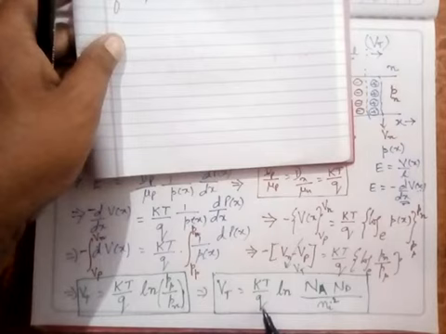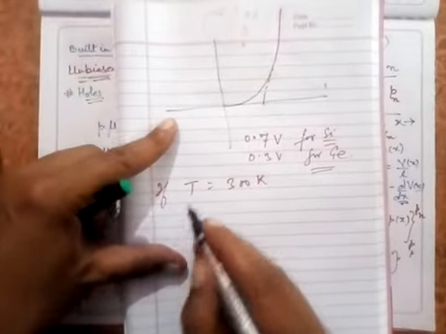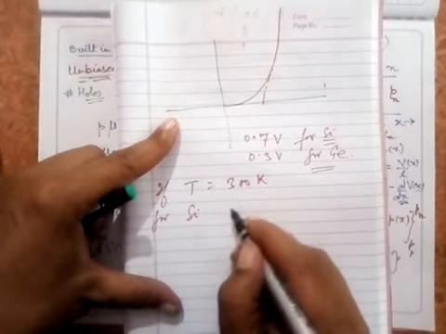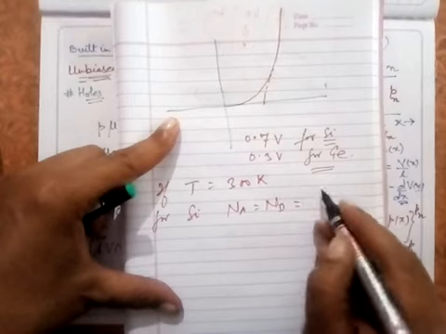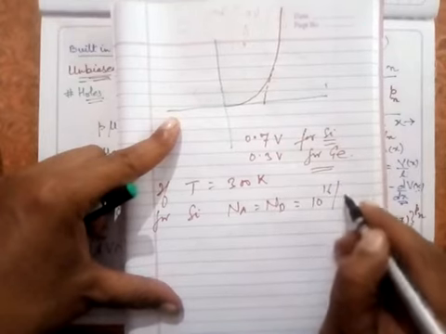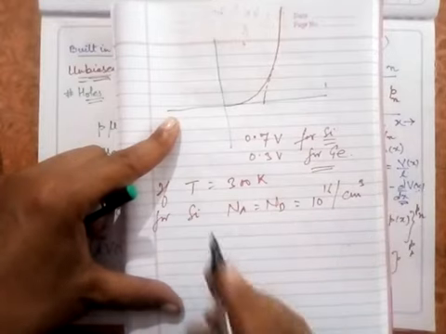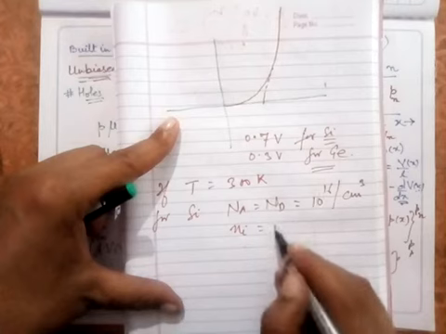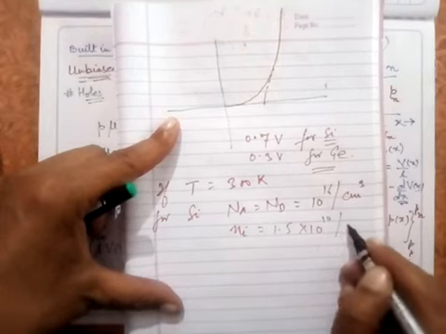Under certain conditions means if I take T equal to 300 Kelvin. First of all, in this equation, if I take T equal to 300 Kelvin, and for silicon, if I take Na equal to Nd, and if I say it is equal to 10 to the power 16 per centimeter cube, this is the impurity concentration, and Ni is equal to 1.5 into 10 to the power 10 per centimeter cube.